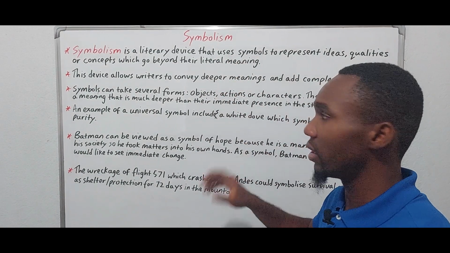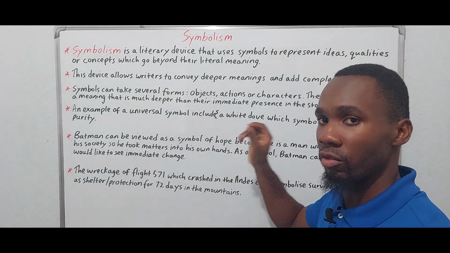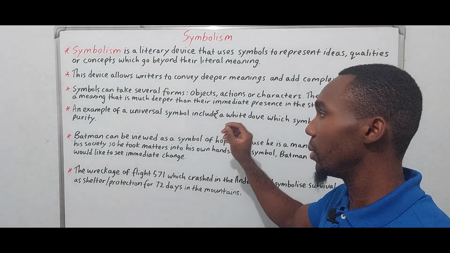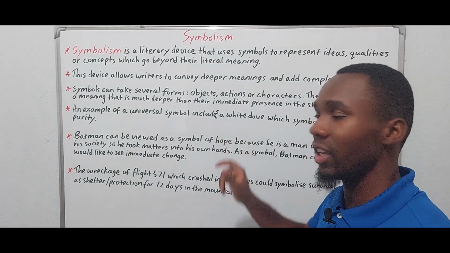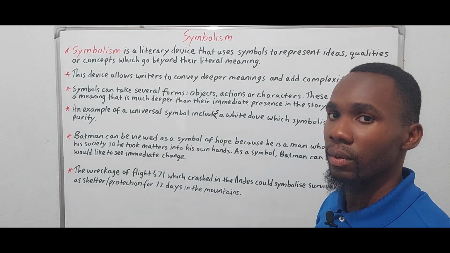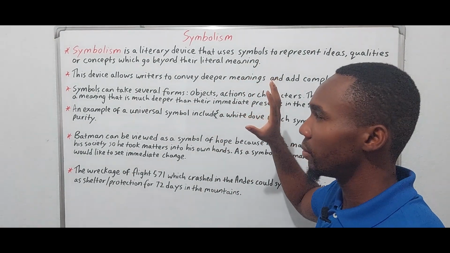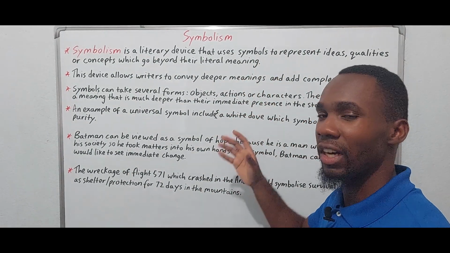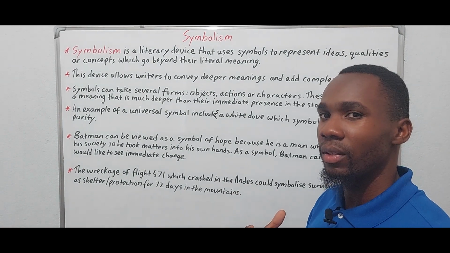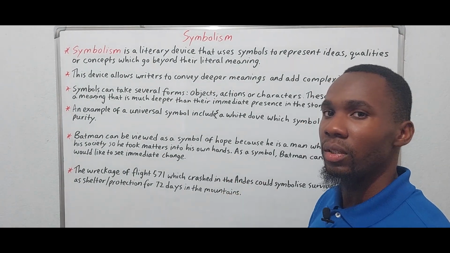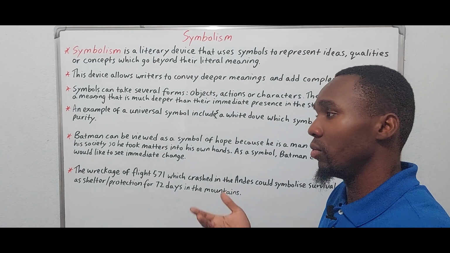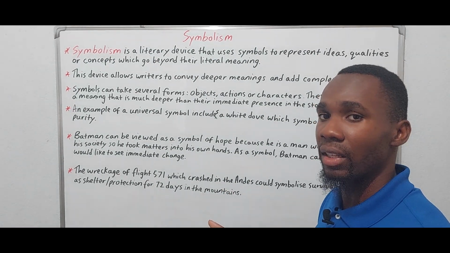This whiteboard, this is a whiteboard. It's used to record information, but this whiteboard can be a symbol of inspiration. Let me explain. Because this is a tool I use to transmit my knowledge to you and to inspire you to maybe film content as well or create content as well.